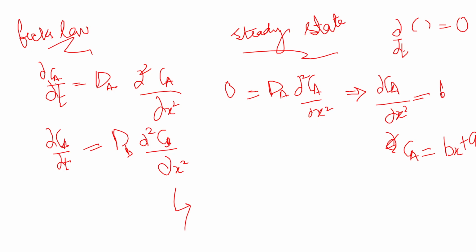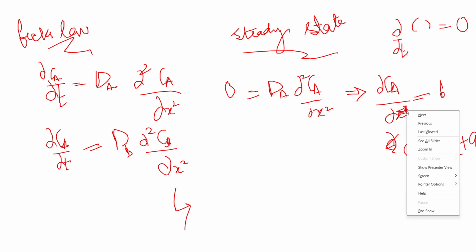That implies then how you have written dou C upon dou x square is equal to b. Sorry, it's dou CA by dou x. Right, sorry. Thank you, thanks for showing the mistake.